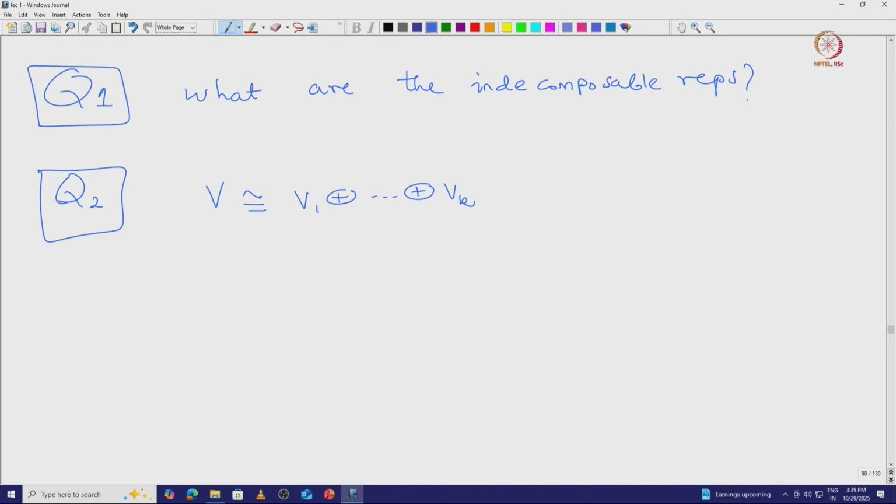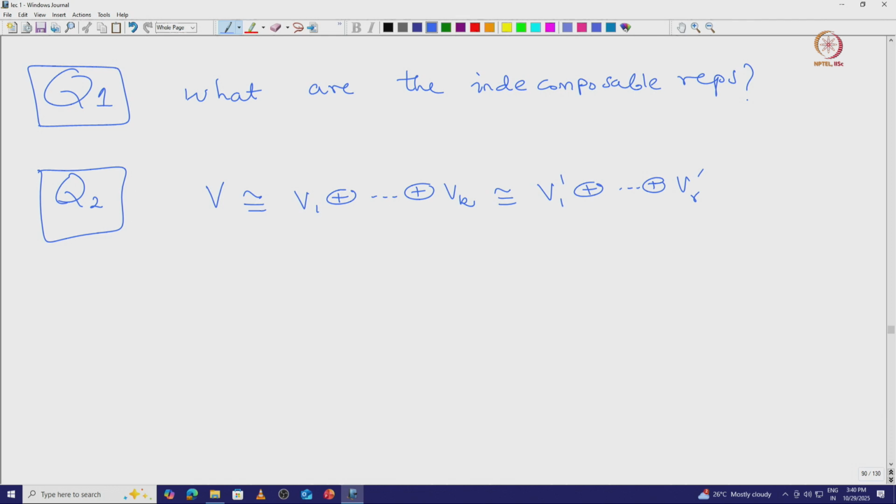More precisely, can it be isomorphic to V1 dash direct sum etcetera direct sum Vr dash? So, mostly we want to have some uniqueness here. We do not want something being a direct sum of copies of two different sets of representations of capital A.